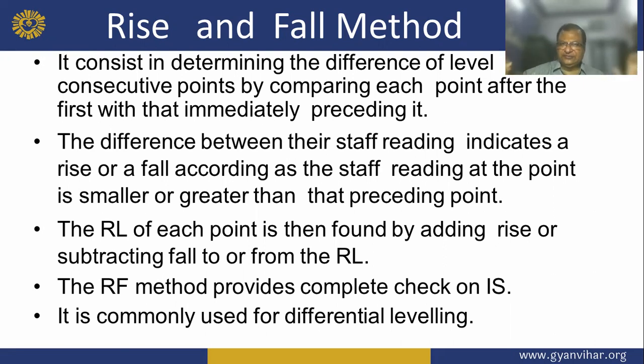The difference between their staff readings indicates a rise or fall according as the staff reading at the point is smaller or greater than the preceding point. The RL of each point is then found by adding the rise or subtracting the fall from the RL.